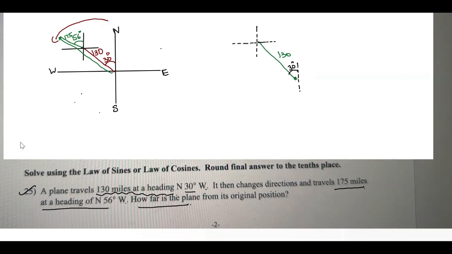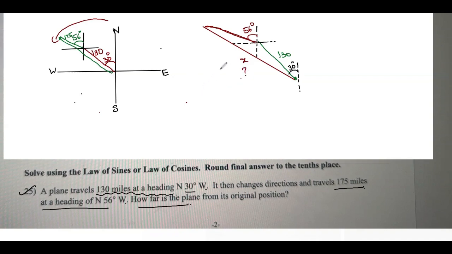And from here onwards, again 56 degrees, roughly I'm drawing 56 degrees. And now the resultant part I should consider. This is the resultant one. How far is the plane from the original position? This is the x we need to find out.